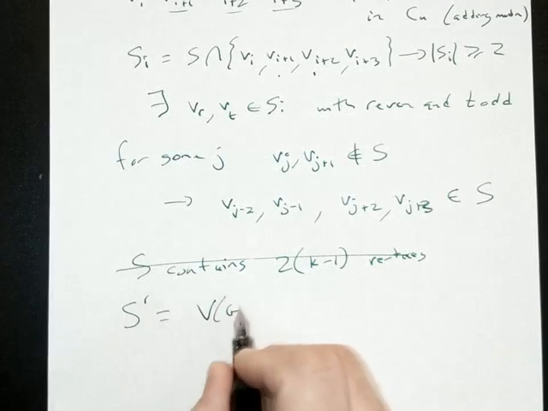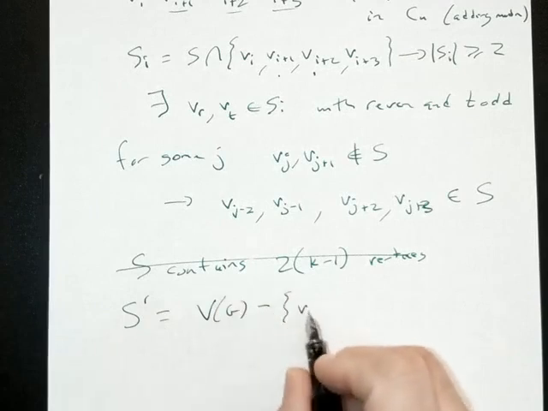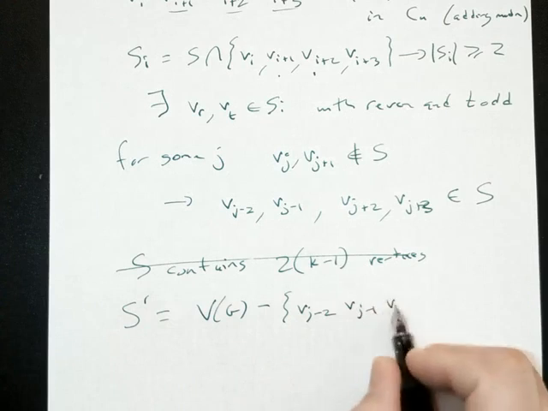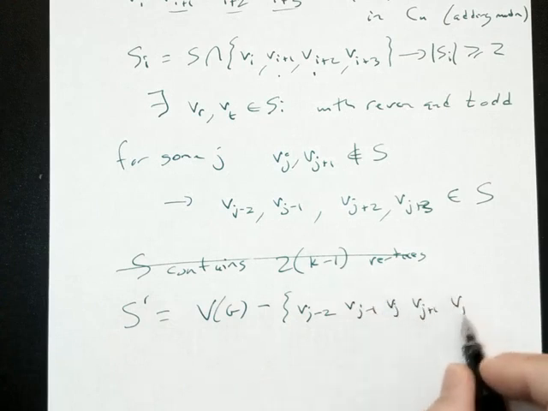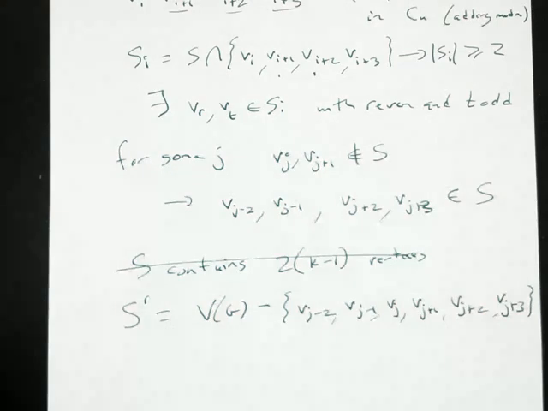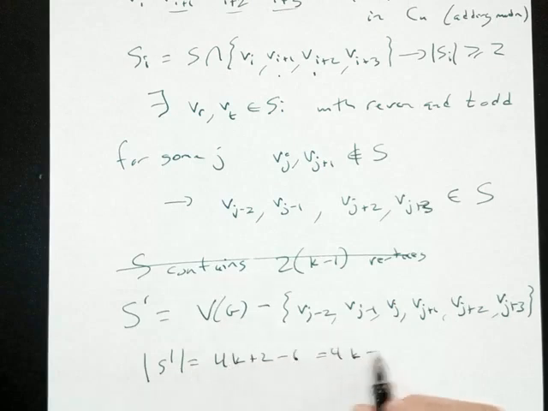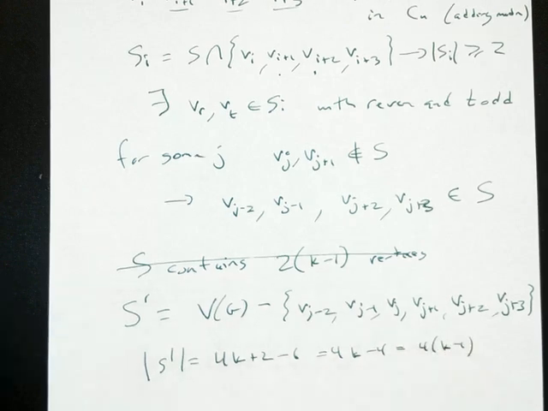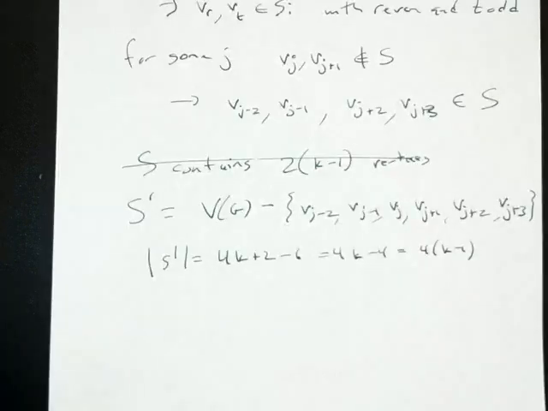S prime is all the vertices minus Vj minus 2, Vj minus 1, Vj, Vj plus 1, plus 2, and plus 3. If I take out all 6 of those, I know that leaves 4k plus 2, total number of vertices, minus the 6 I just took out.